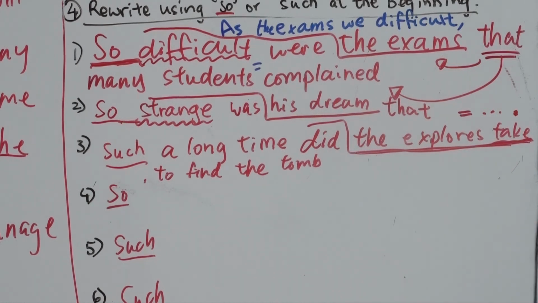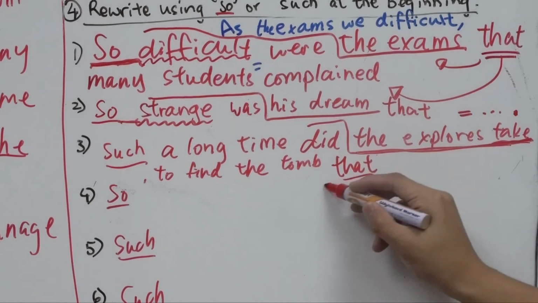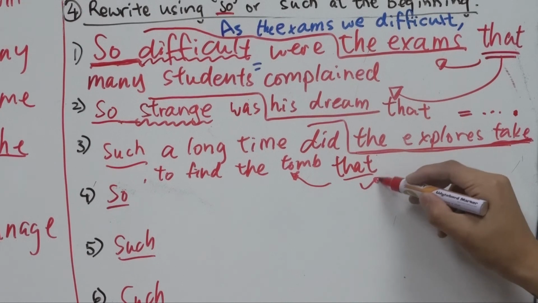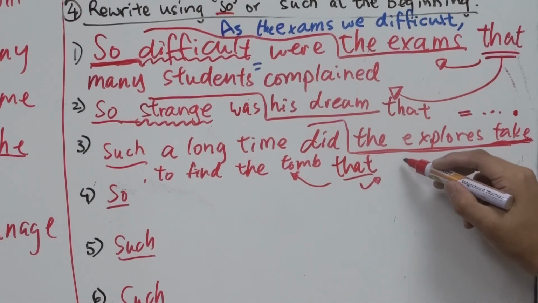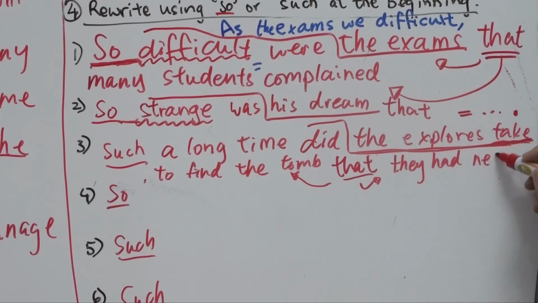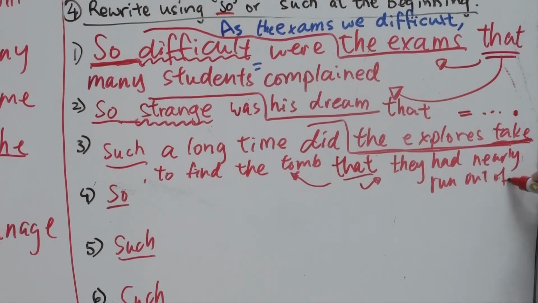Did the explorers take to find the tomb that, okay, the referent. That means the time that they took and the situation, right? Which is had nearly run out of supplies. They had nearly run out of supplies.